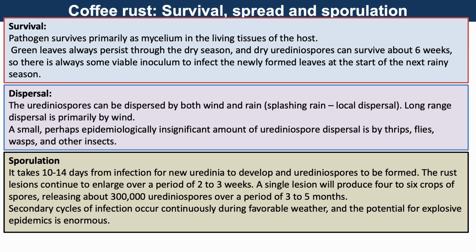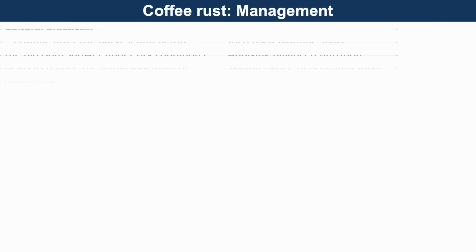The rust lesion continues to enlarge over a period of 2 to 3 weeks. A single lesion will produce 4 to 6 crops of spores, releasing more than 3 lakh urediniospores over a period of 3 to 5 months. The secondary cycle of infection occurs continuously during favorable weather, and the potential for explosive epidemics is enormous.